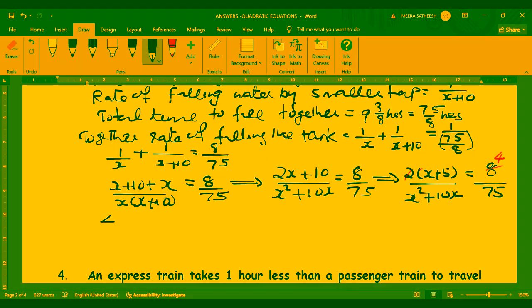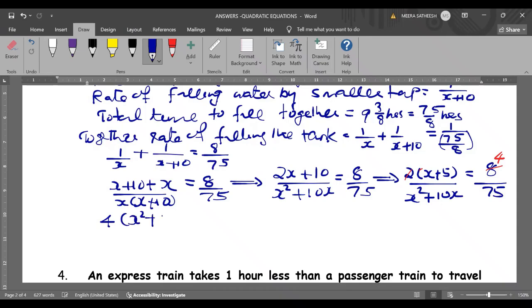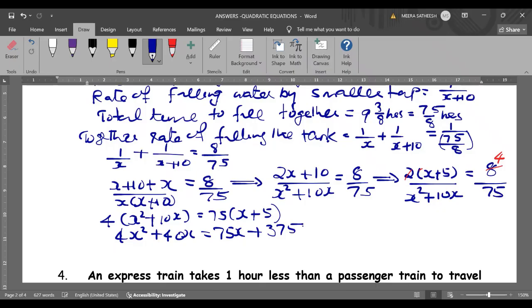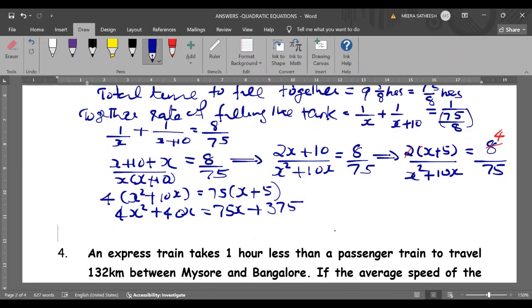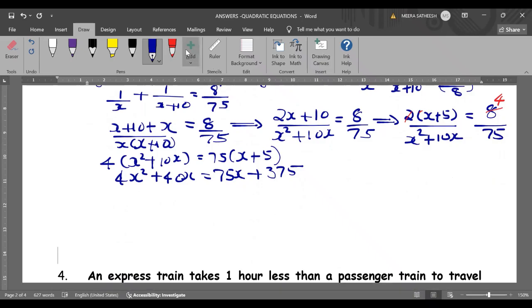Now 4 into x square plus 10x equal to 75 into x plus 5. Open. 4x square plus 40x equal to 75x plus 75 into 5, 375. Now let us bring all to this side.